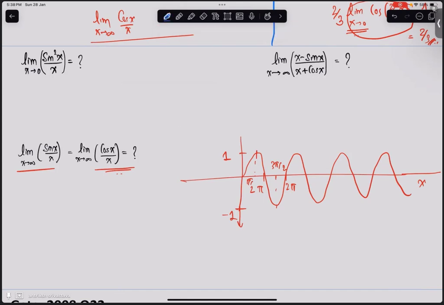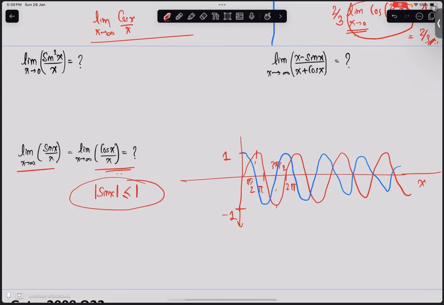What about cos x? Cos x is shifted by pi by 2, and goes something like this, right? So whatever you put inside the sin x and cos x, their maximum value is not going to go beyond the magnitude of 1, right? But in the numerator, you have that sin x and cos x, but in the denominator, when you go to x tending to infinity, you are linearly increasing the value of this function, right?